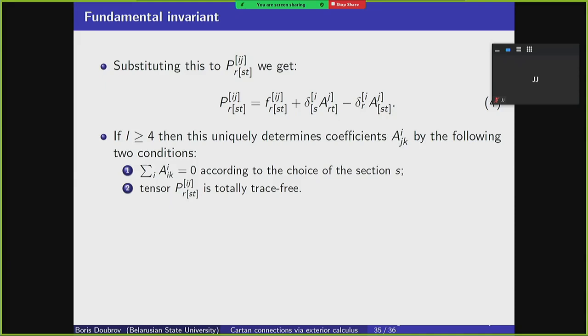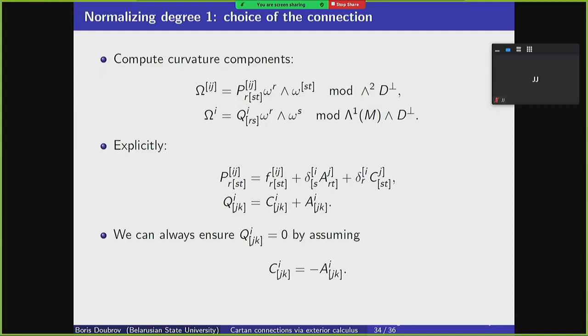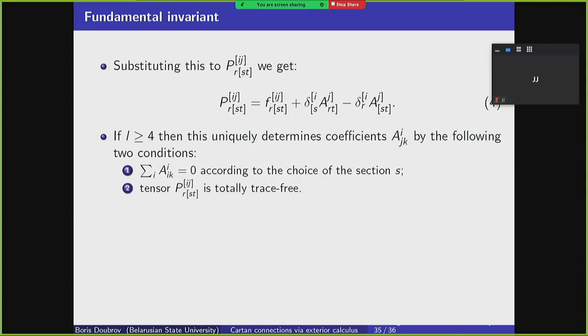And second, we make sure that P is totally trace free. There are several traces available here. These two conditions uniquely determine A, and C was determined before, here. So this already determines completely a part of the curvature in degree 1.